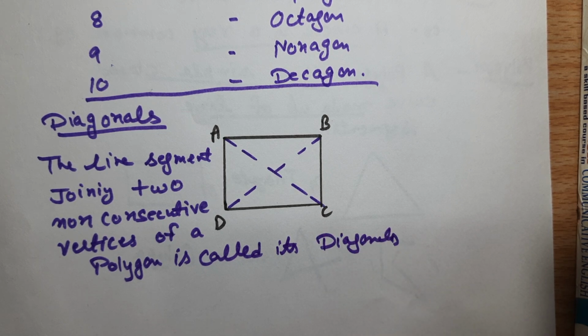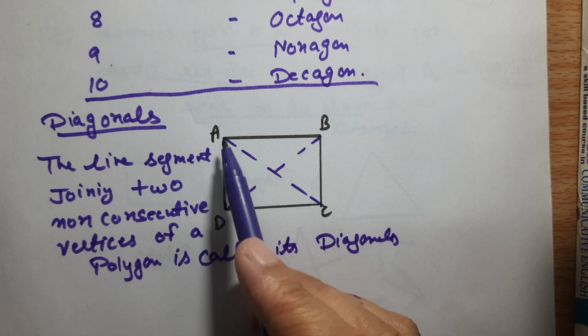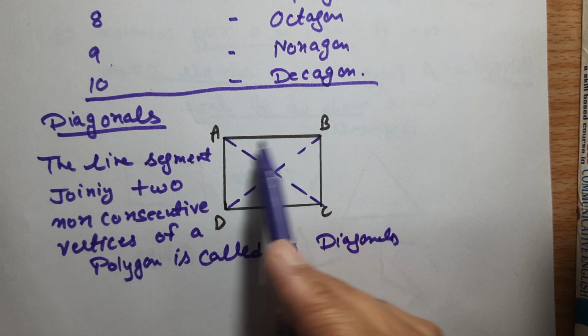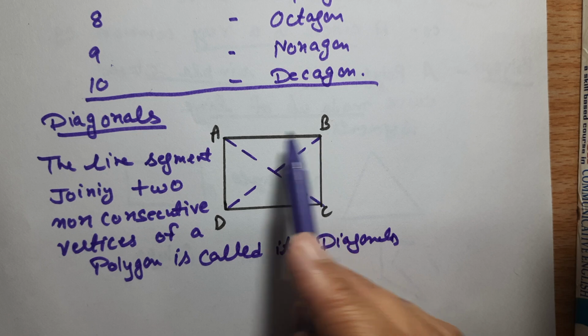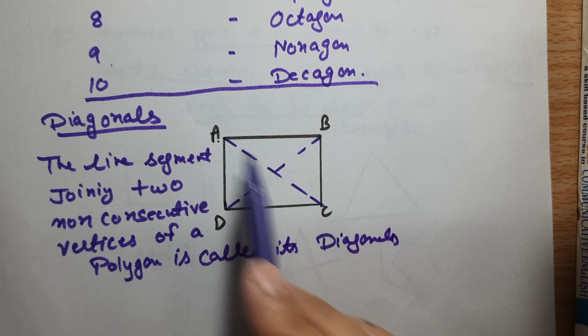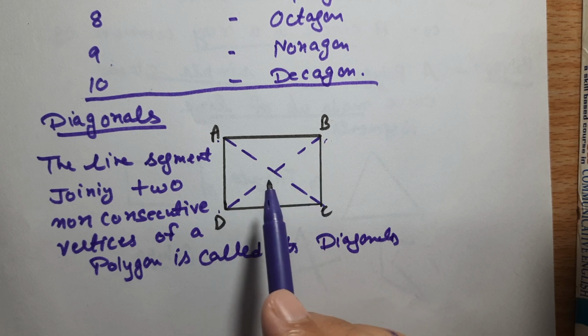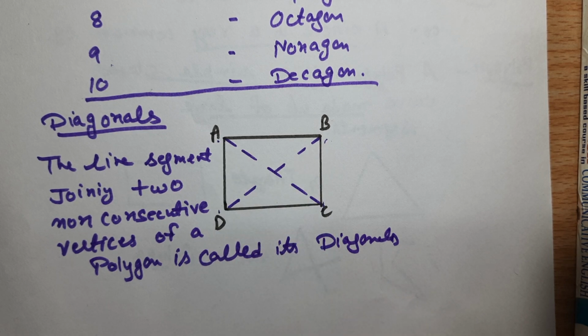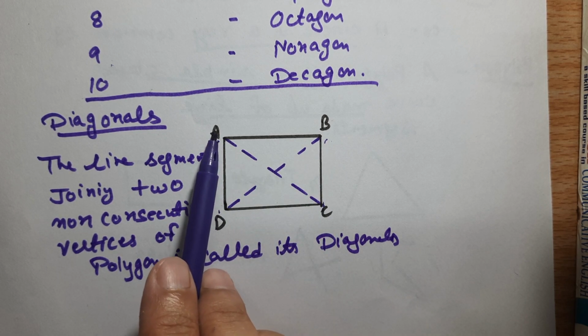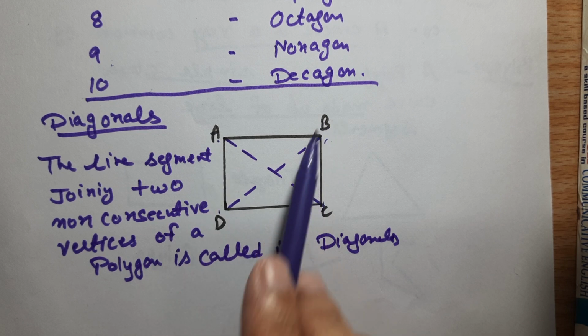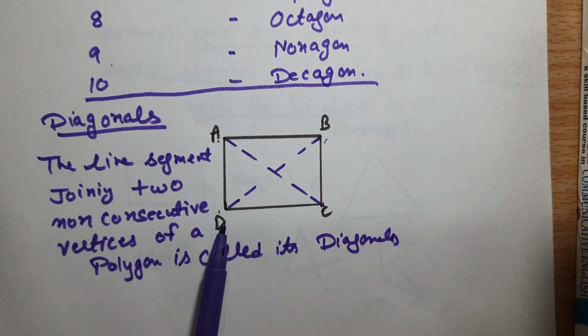Now understand here, what is meant by non-consecutive vertices? Here A and B are on the same side, same line, consecutive. A and C, B and D, sitting opposite, are called non-consecutive. So the line segments joining point A and C, and joining point B and D, are called the diagonals.